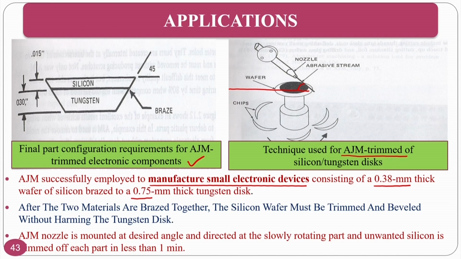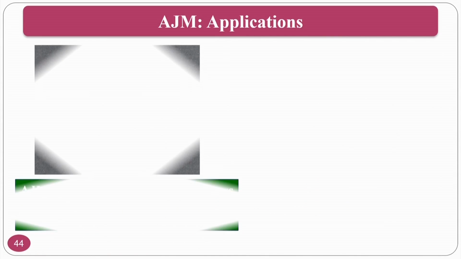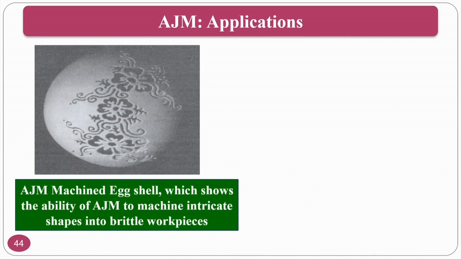This is one of the special things about this particular process. As I said, you can see the capability, how beautiful a capability, by drawing or creating some sculptures on eggshells. Eggshell is a very brittle material, and it is a very thin material also.